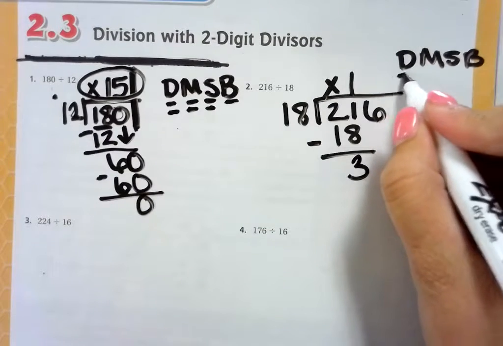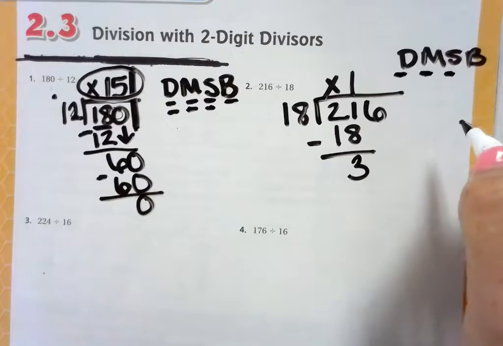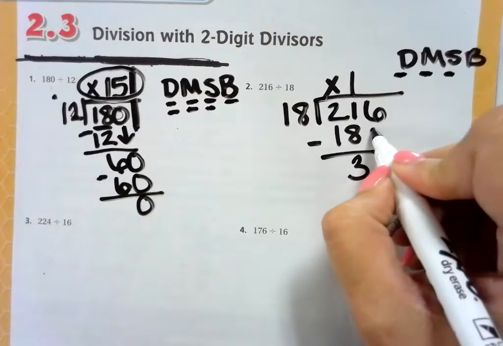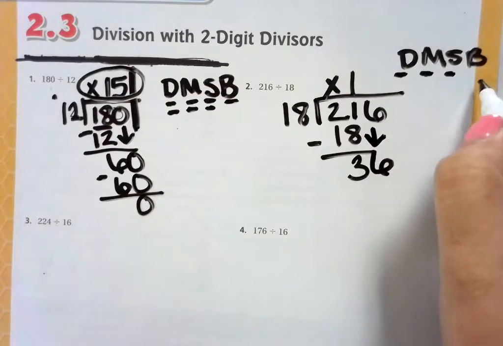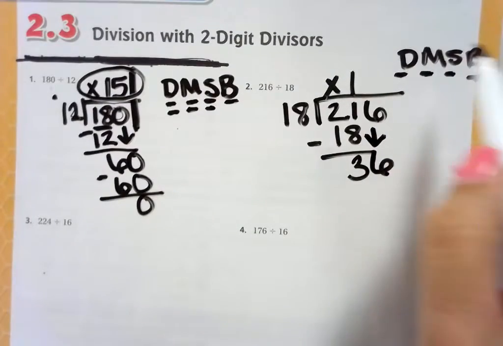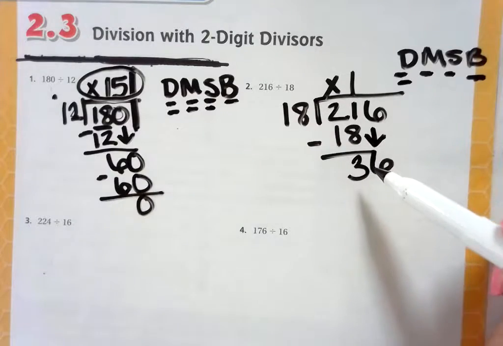I can go 18, 19, 20, 21 if I need to, okay? So I divided, I multiplied, and then I subtracted. I did all those steps, and now I need to bring down the 6. After I bring down, I've got to go back over here to the division. 18 goes into 36.